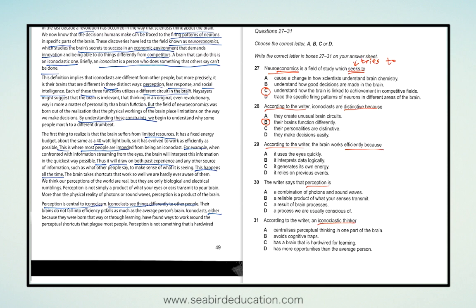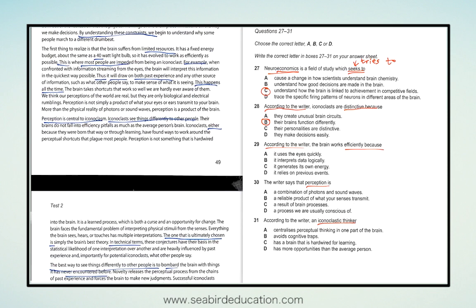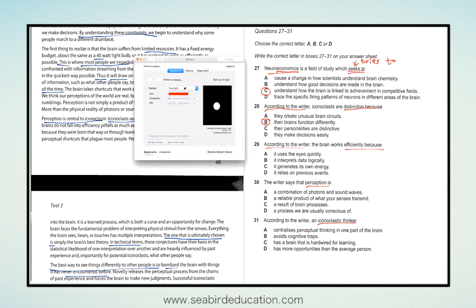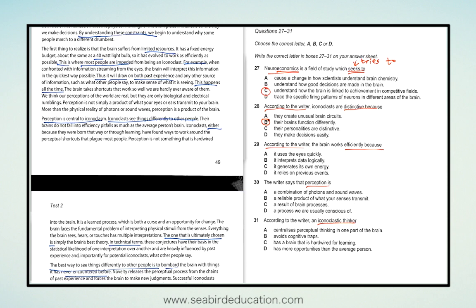The physical workings of the brain place limitations on the way we make decisions. All right. B. Okay, according to the writer, the brain works efficiently because it interprets logic.